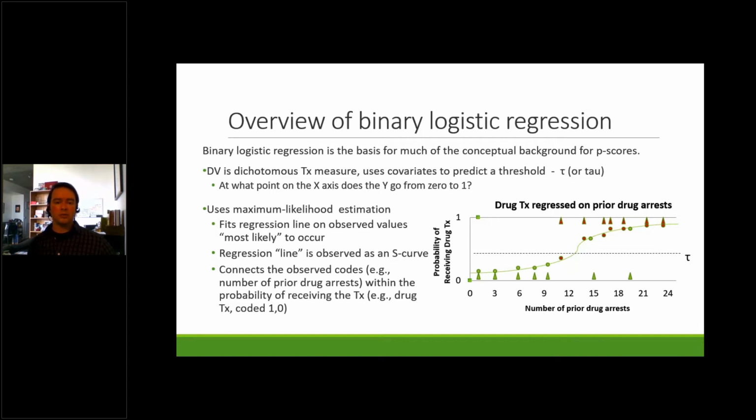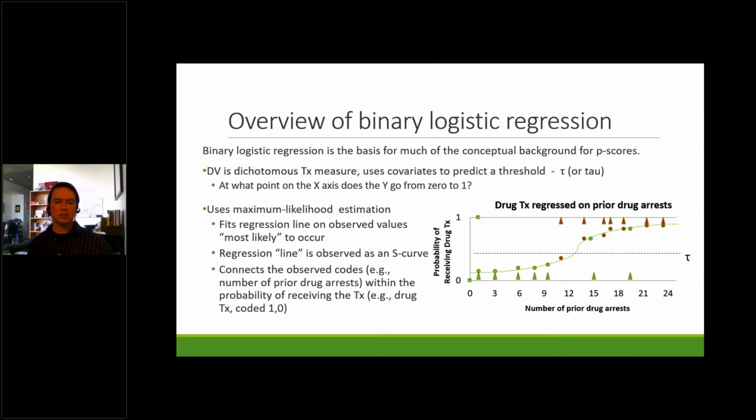So the model uses covariate values to predict a threshold, or tau, of when someone is likely to receive the treatment, answering the question, at what point on the x-axis does the y-axis go from 0 to 1? 0 being not receiving the treatment, 1 receiving the treatment.